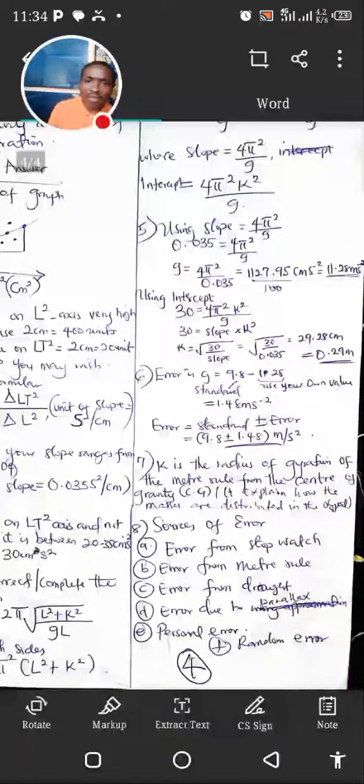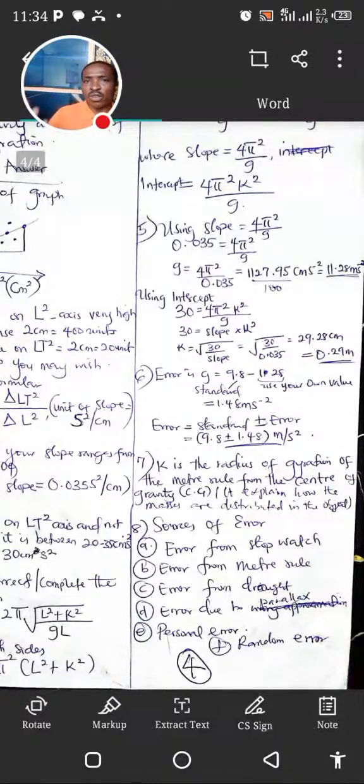Then the last one we have is random error. Random errors are errors that you cannot predict. You cannot say this is the exact cause of it, and that is the reason why we take the average value. Why do we take the average value of our timing?